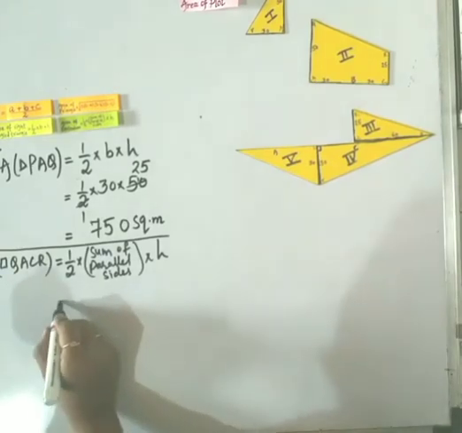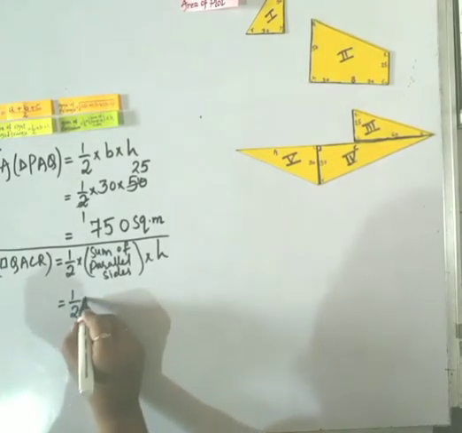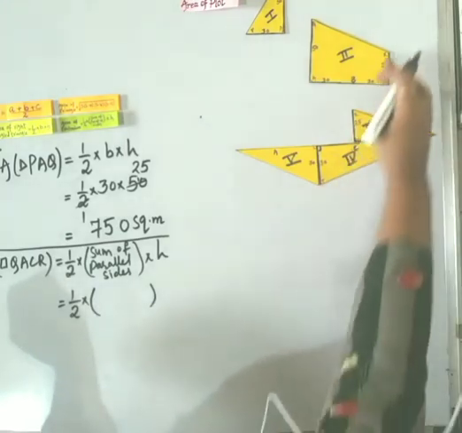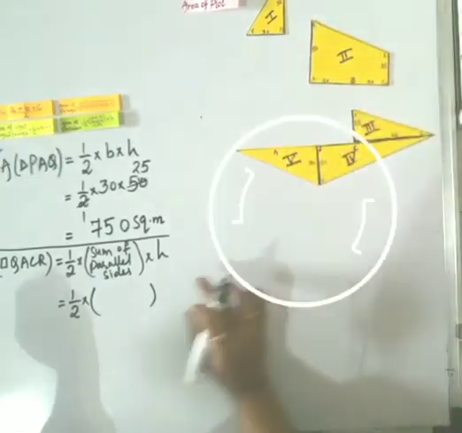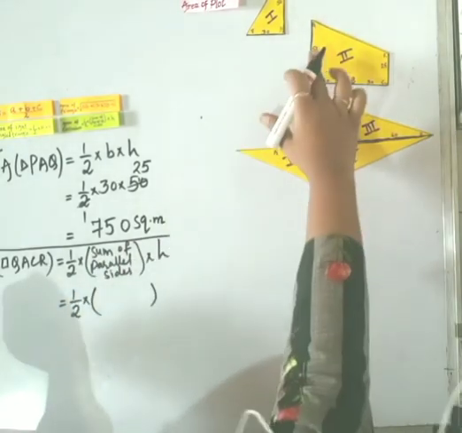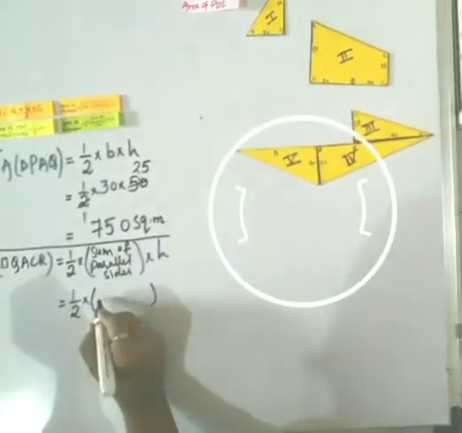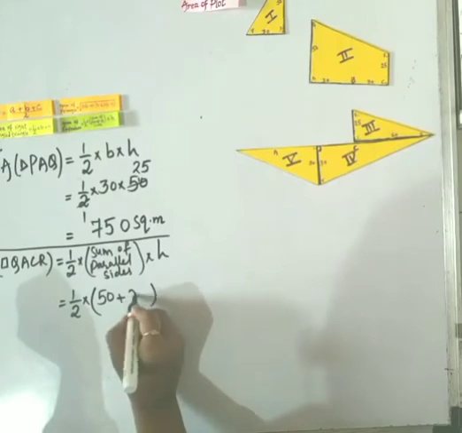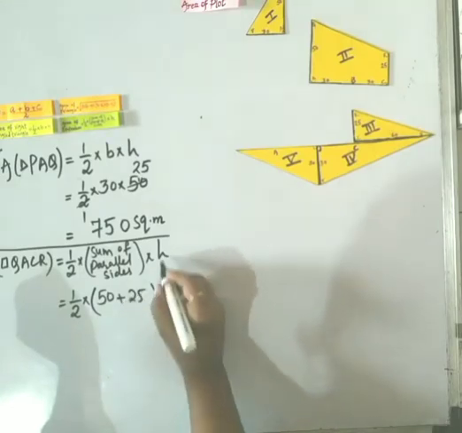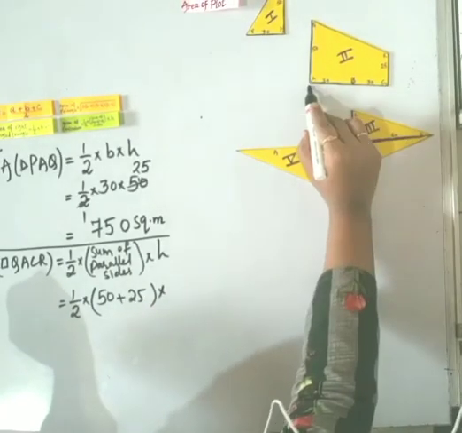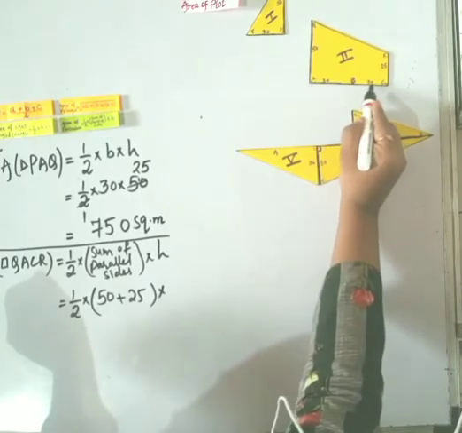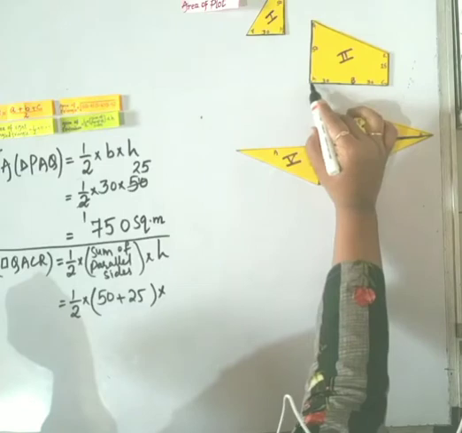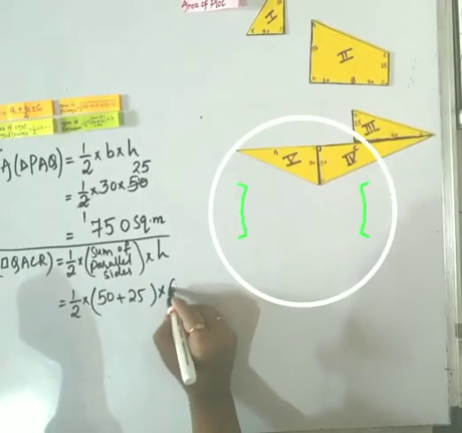Okay, so 1/2 into parallel sides, these two, QA and RC. So we need to take their sum. So I will take the sum of 50 and 25, then into height, which is the distance between the two parallel sides, AC. So the distance from C to B is 30 and from B to A is 30. So from A to C would be 60. So I will write 60 here.